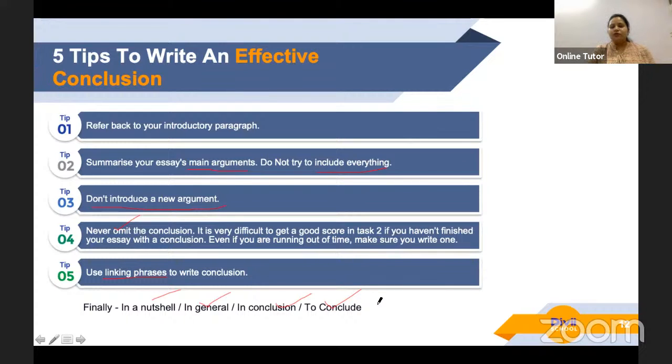For example, to conclude, I would like to mention that; in a nutshell, it would be right to say that; in general, it can be understood. Okay, so please use linking words to conclude your IELTS essay.